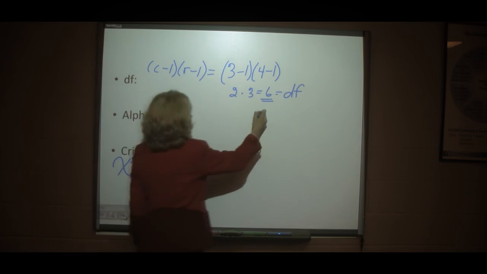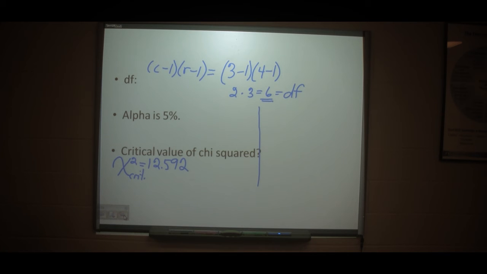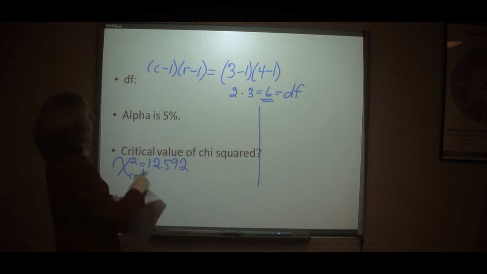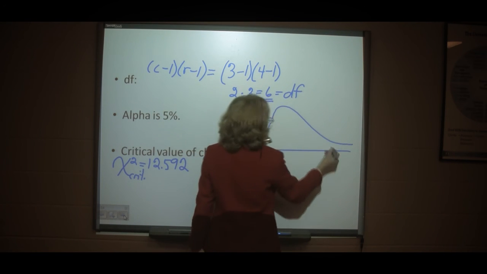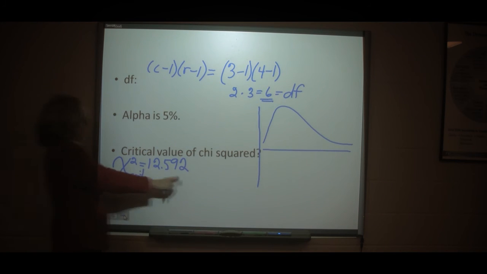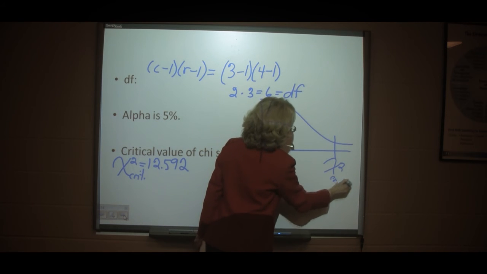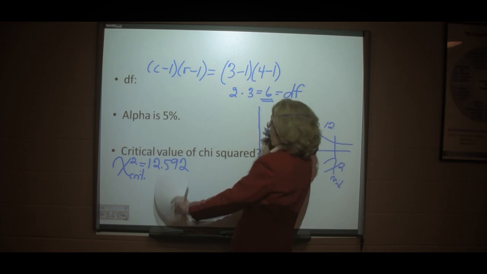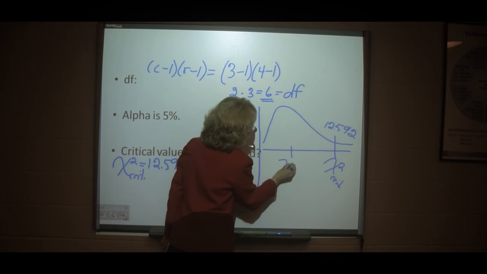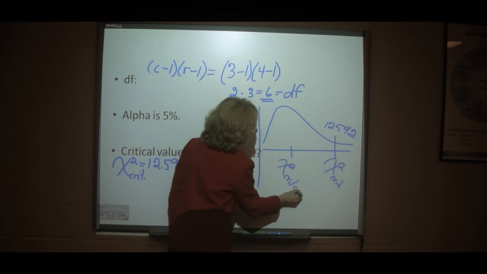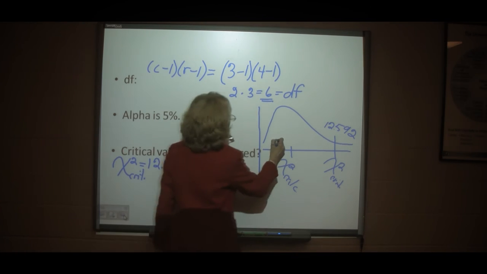Okay. Now then we'll see if we reject the null hypothesis or not. The critical value of chi-square is 12.592, and the calculated chi-square is, we said, that very small number, 0.709.